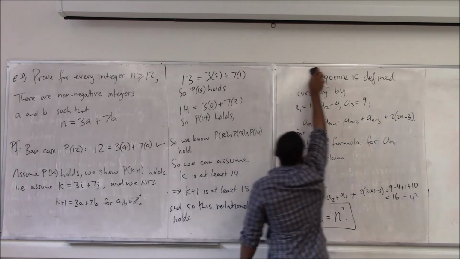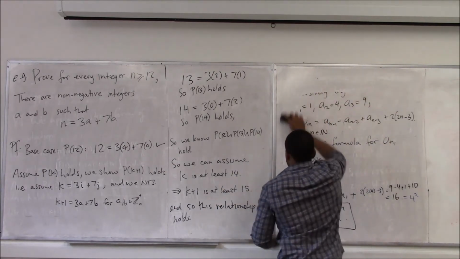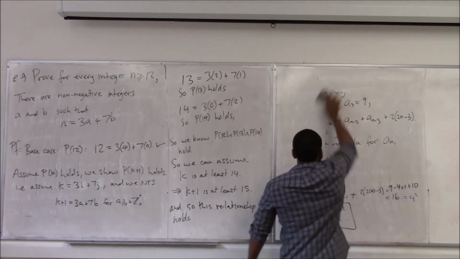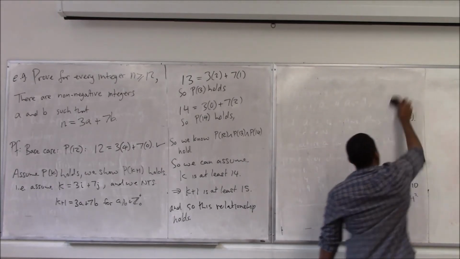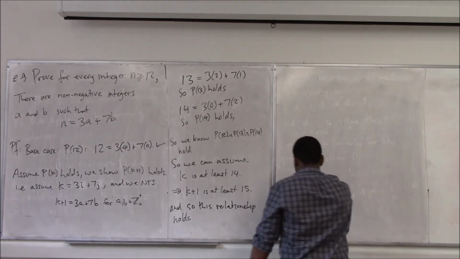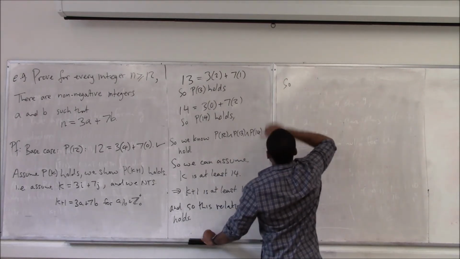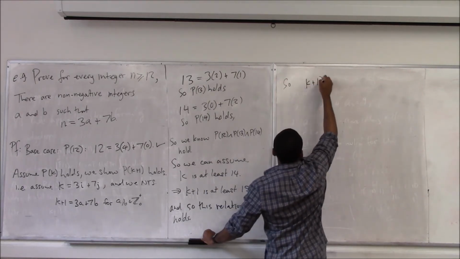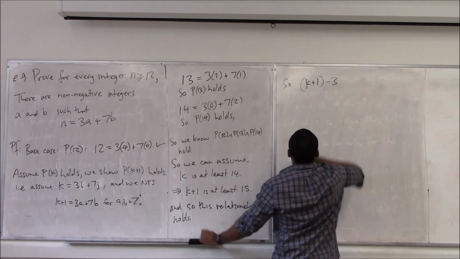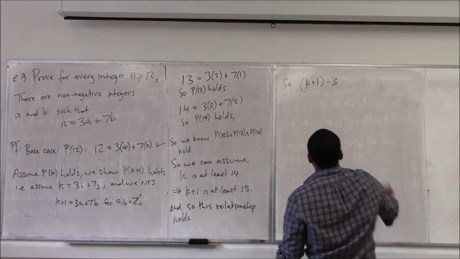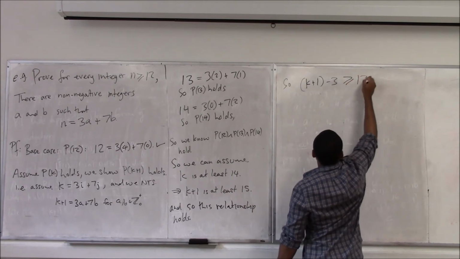I can do as much as subtract 3 guys from this guy to move them to the other side. That's ultimately what I want to be able to do. If I take k plus 1 and I think of it minus 3, that is at least 12.